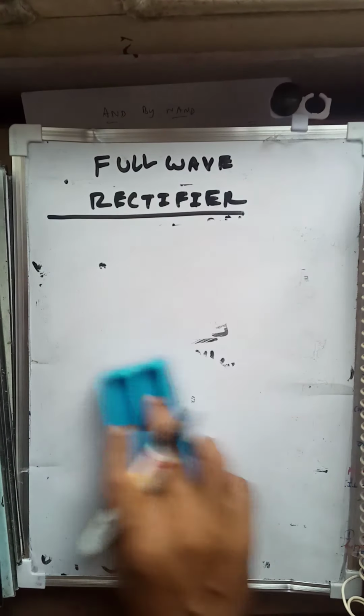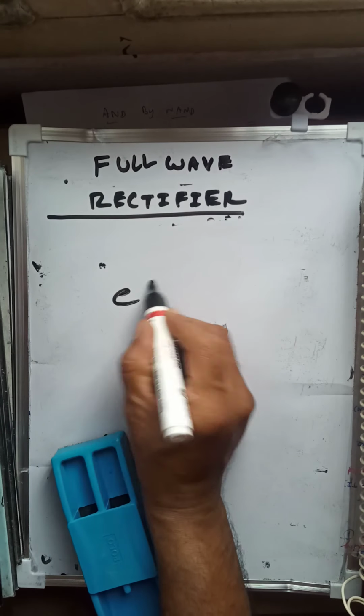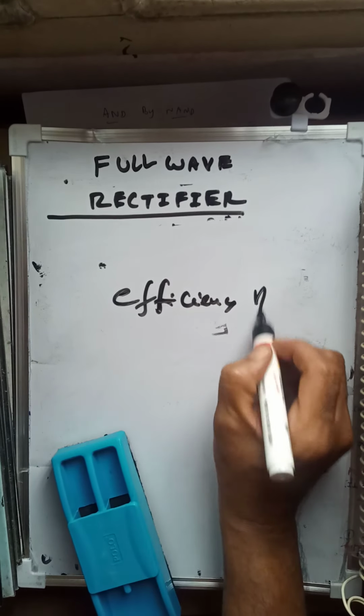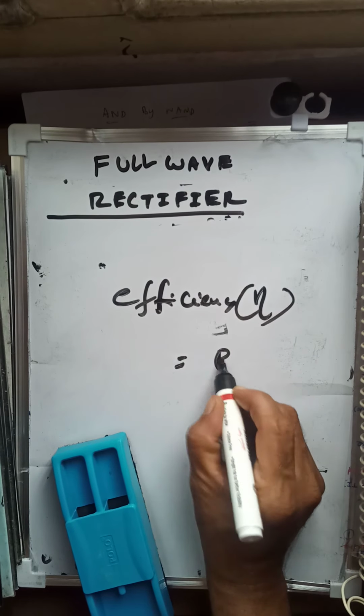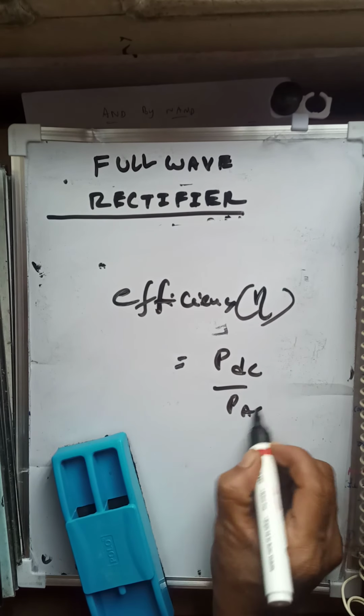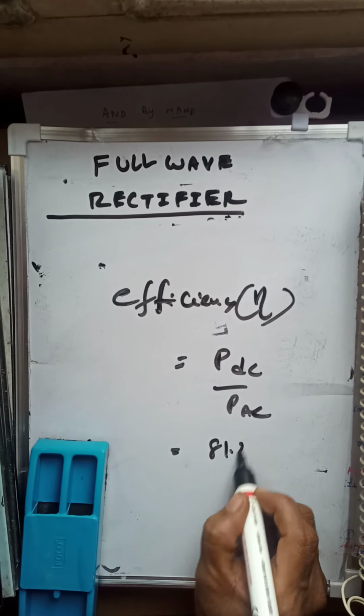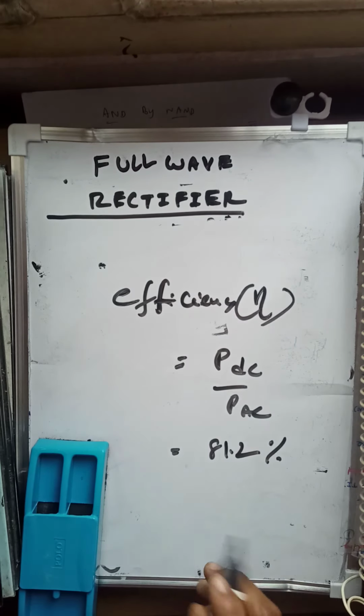Next, similarly, rectification efficiency: DC power by AC power. Here this value is 81.2 percent.